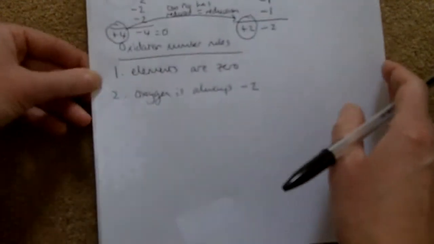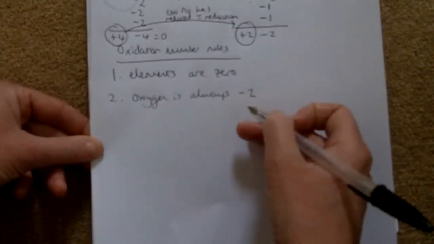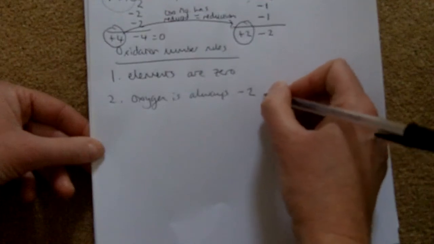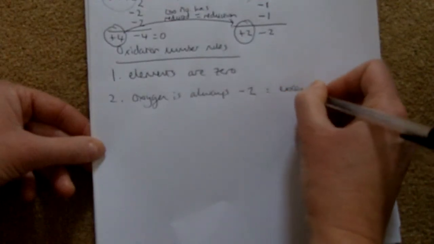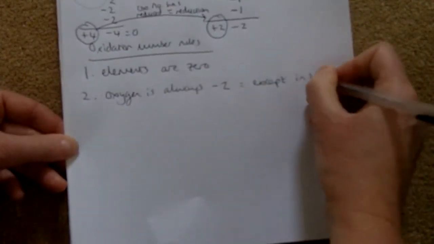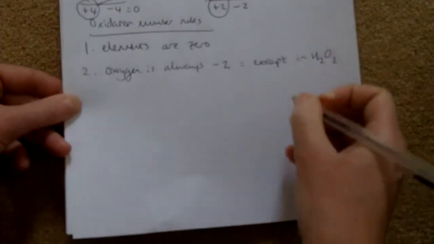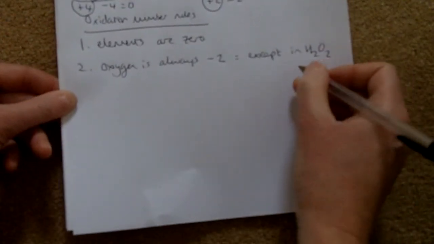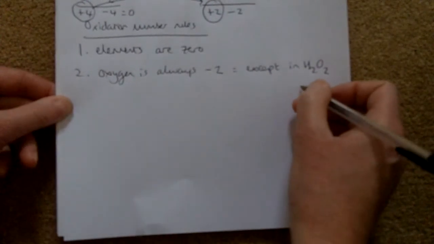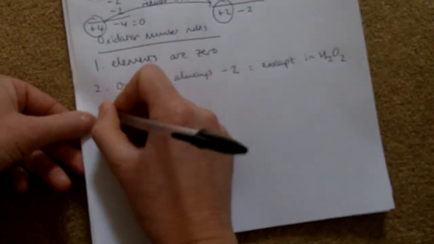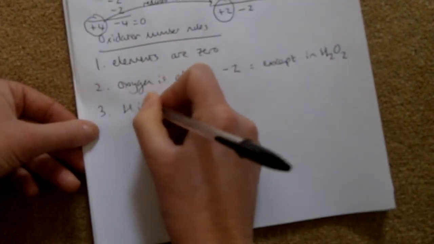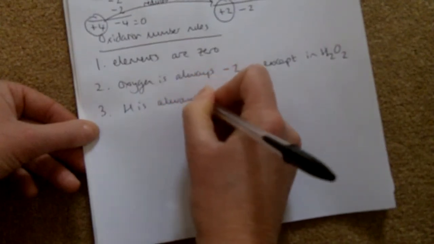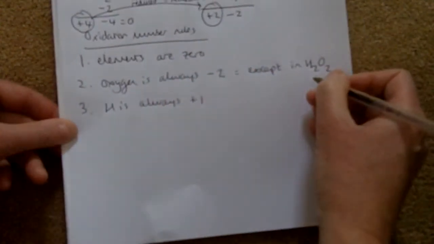Okay, so back to the rules. So oxygen is always -2. Apart from, there is an exception: hydrogen peroxide. In hydrogen peroxide, the H is always +1. So that's another rule, number 3. H is always +1.